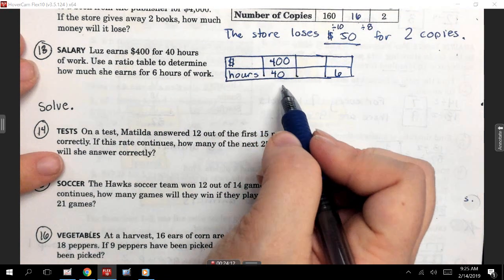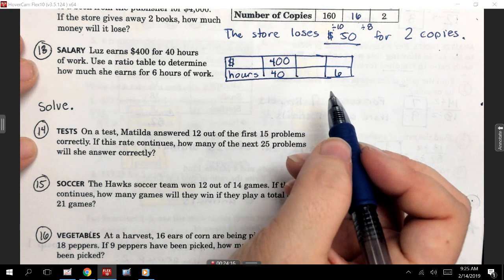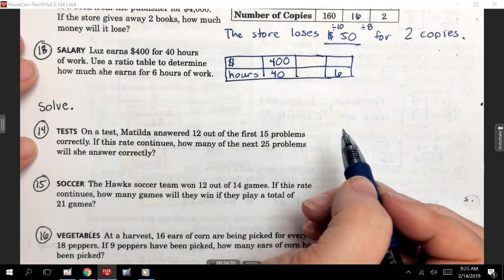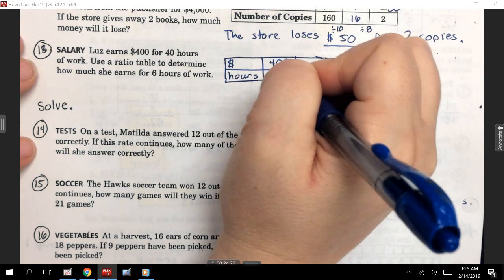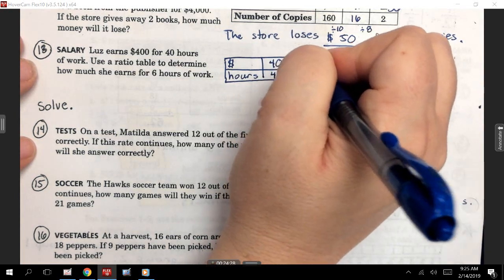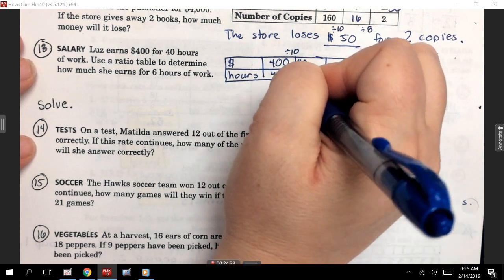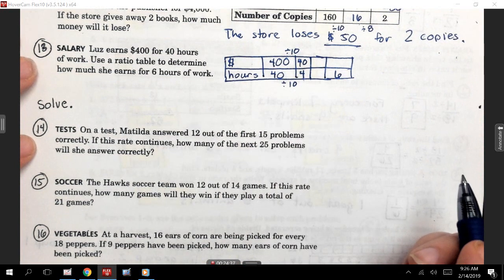In my head, can I change 40 to 6 easily? No. But I can change 400 pretty easily. I can divide them by 10, so let's do divided by 10, so that gives me 4 and 40. So I divided by 10, divided by 10, and I'm going to give myself a little bit more space, because can I go from 4 to 6 easily?